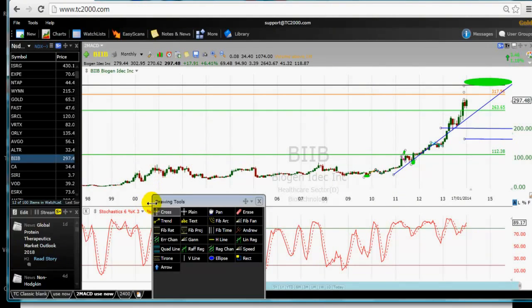So the first step to master wave count is to be able to identify correctly, accurately, the first Elliott wave. If you count the first Elliott wave wrongly, you are likely to count the second, the third, the fourth and the fifth wave wrongly. So it is crucial that we identify the first Elliott wave correctly. This is the first step to mastering the Elliott wave counts.